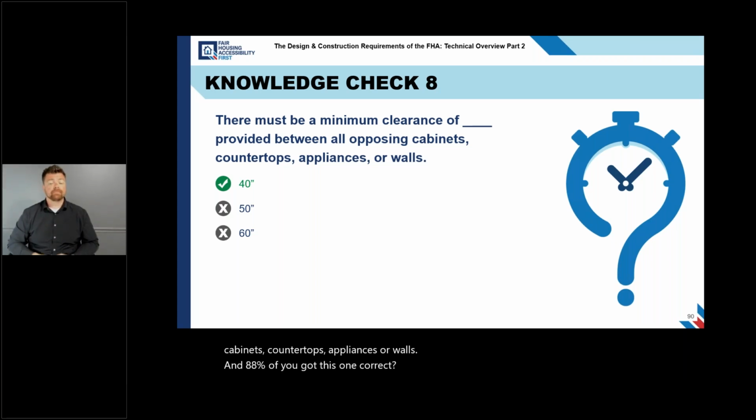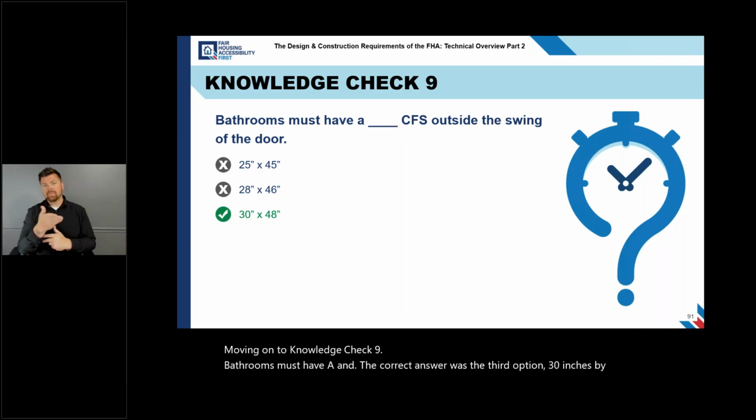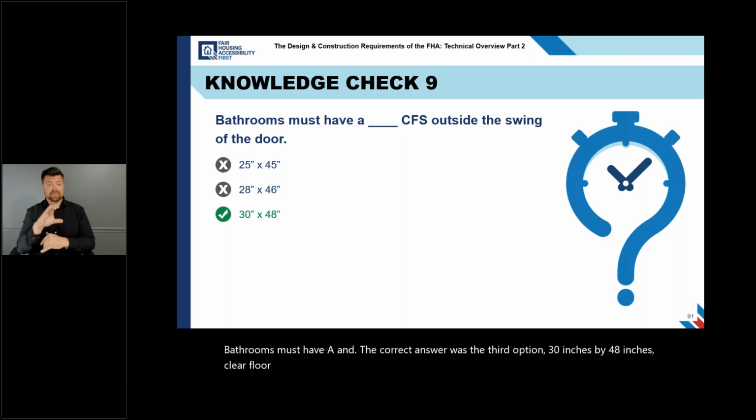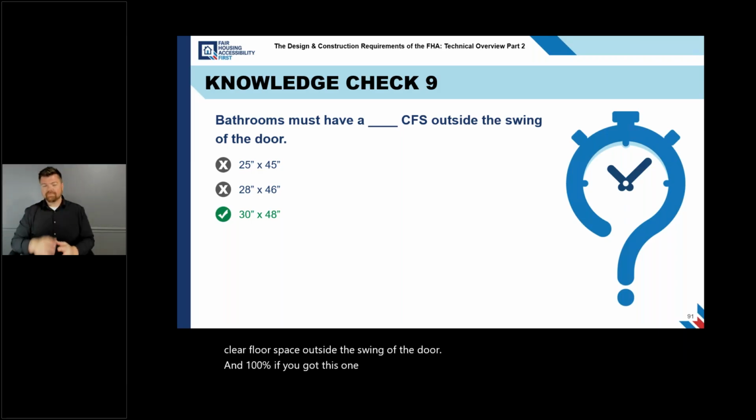Moving on to knowledge check 9. Bathrooms must have a, and the correct answer was the third option, 30 inches by 48 inches clear floor space outside the swing of the door. And 100% of you got this one correct. Moving on to the final knowledge check.